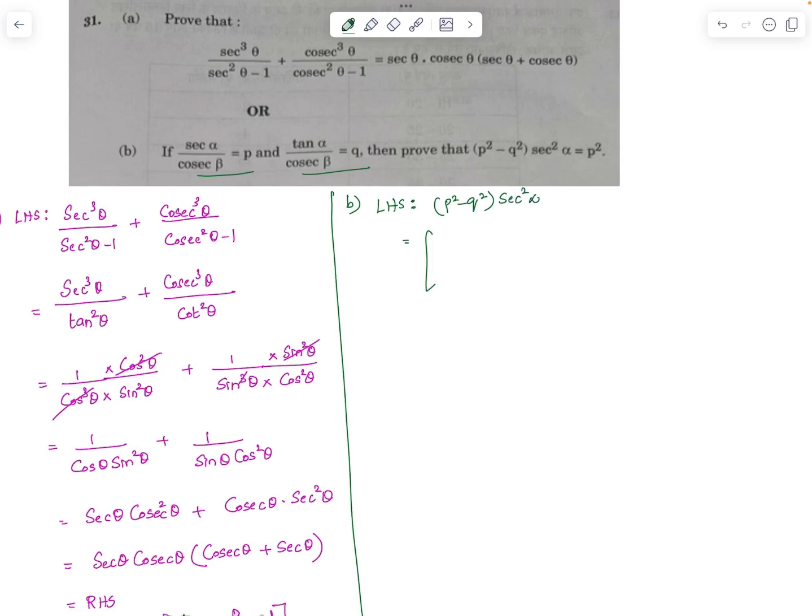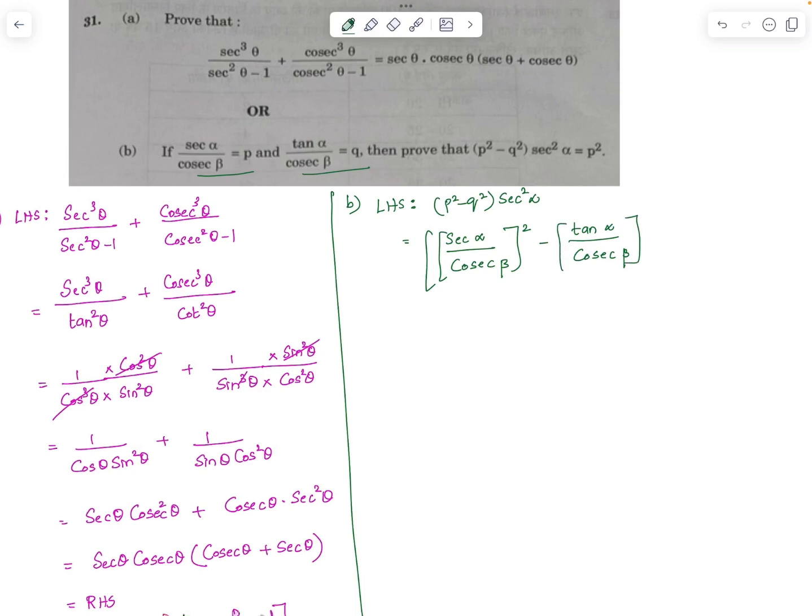P is given as sec alpha upon cosec beta. Since it is P square, we have to square this quantity minus Q is tan alpha upon cosec beta.